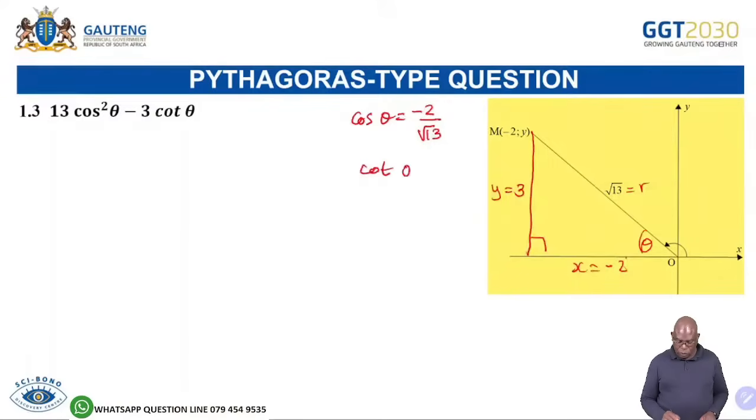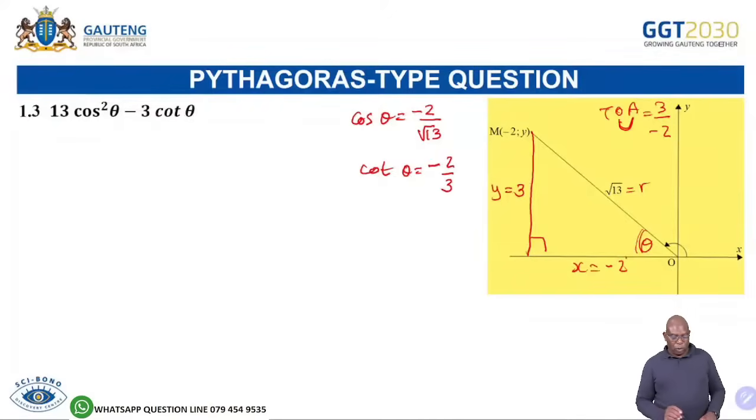Now let me write the cot. What is my cot? Cot is actually the reciprocal of tangent. So first let me get my tangent, and I can just turn it around. My tangent here will be opposite over adjacent. Remember, tangent is TOA. So my opposite is 3. My adjacent is negative 2. So what will be cot? Turn it around: minus 2 over 3.